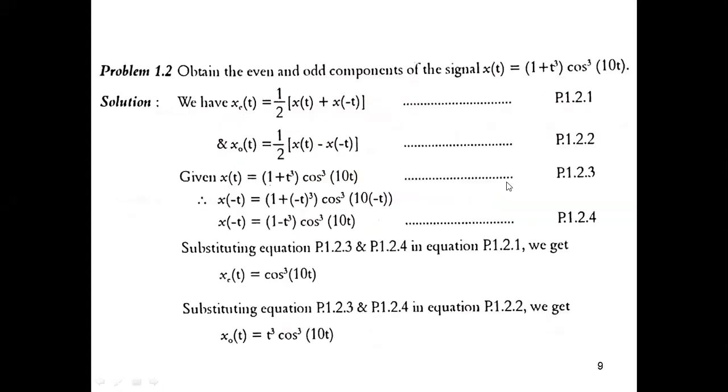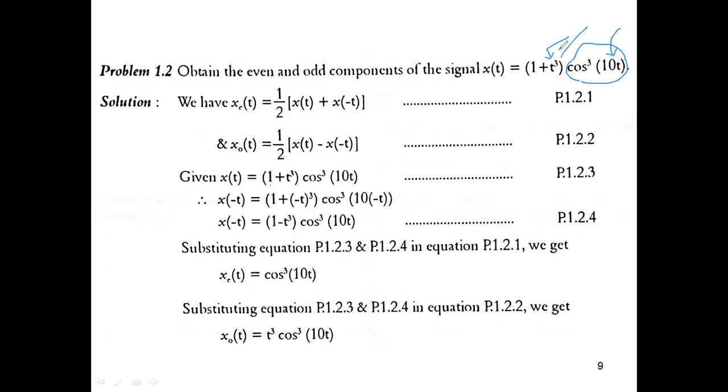So here is a question: 1 plus t cube, whole thing multiplied by cos cube of 10t. We will neglect this particular constant for the time being. But one thing is there. See here, cos cube of t. Whenever we see a cos, whether it is t or minus t, it is always going to be an even function.